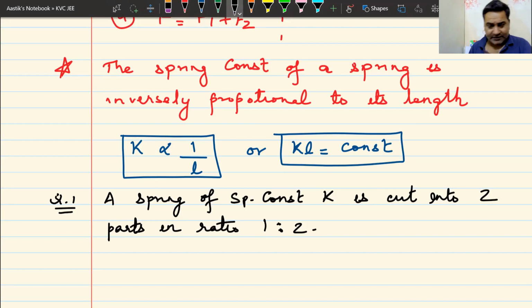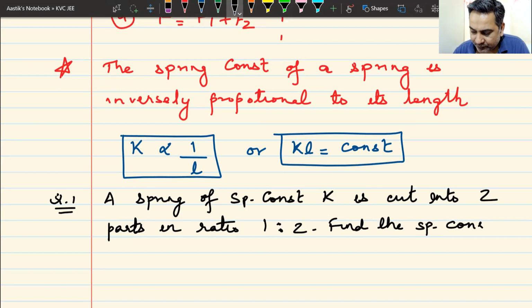So the parts are in the ratio 1:2. Find the spring constants. So now instead of one spring, you have two springs in the ratio 1:2. You have to tell me what is the spring constant of the two parts. That is the question.